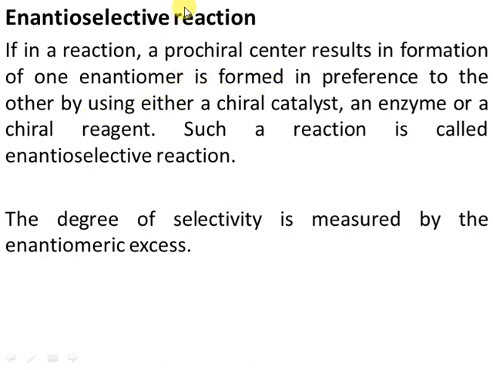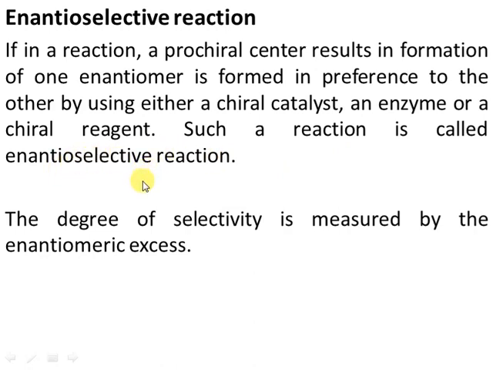if a prochiral center can form two enantiomers and one of the enantiomers is formed in preference, whether you use a chiral catalyst, an enzyme, or a chiral reagent, whatever the conditions, such a reaction is called enantioselective.